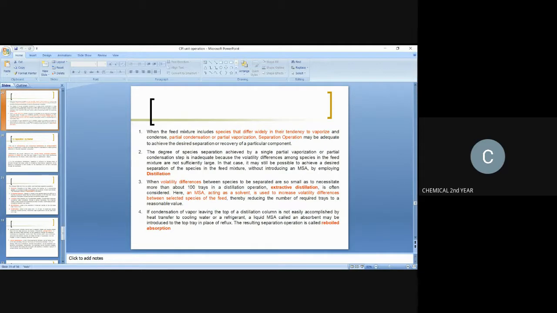Next, when the feed mixture includes species that differ widely in their tendency to vaporize and condense, a partial condensation or partial vaporization separation operation may be adequate to achieve the desired separation or recovery of a particular compound.